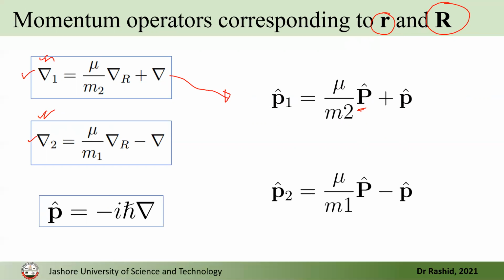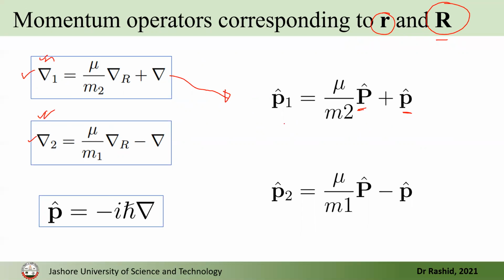This capital P is the momentum of the center of mass, that is the total momentum, and this small p is the momentum of relative motion, that is the relative momentum.